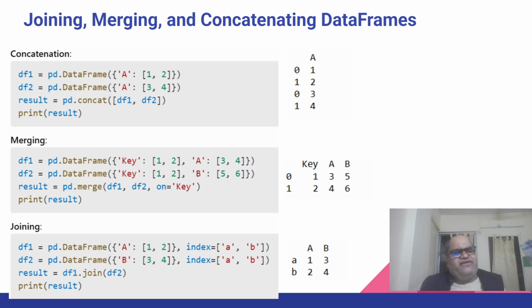If you want to merge it, you can call pd.merge, and it automatically merges on the common key. The common column here was key, right? So you get key 1 2, A 3 4, and then you'll get your B 5 6. So if you see the merging and concatenation, your additional columns are coming in horizontally, right?